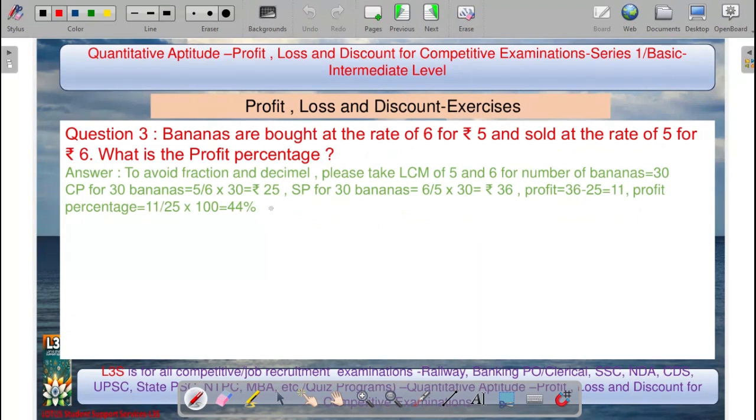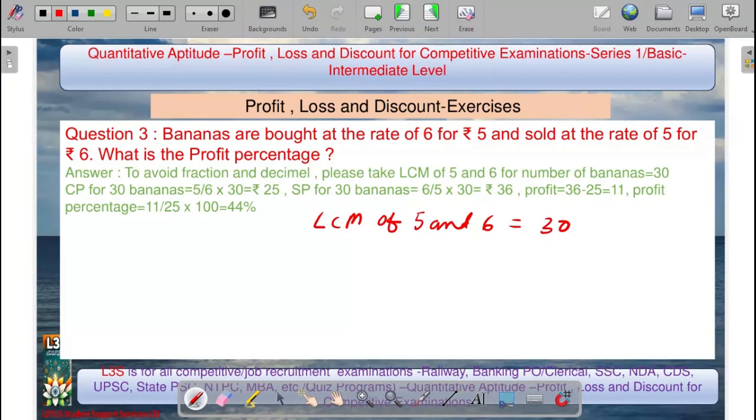Next question. Bananas are bought at the rate of 6 for rupees 5 and sold at the rate of 5 for rupees 6. What is the profit percentage? So to make it easy and to avoid fractions and decimals, first we will take the LCM of 5 and 6, which is equal to 30.